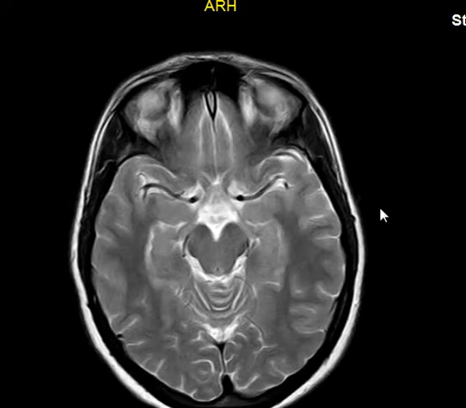On T1, the gray matter appears hypointense, while the white matter appears hyperintense because white matter contains myelin, which is fat, and T1 loves fat. The white matter appears hyperintense on T1 and hypointense on T2 for the same reason.